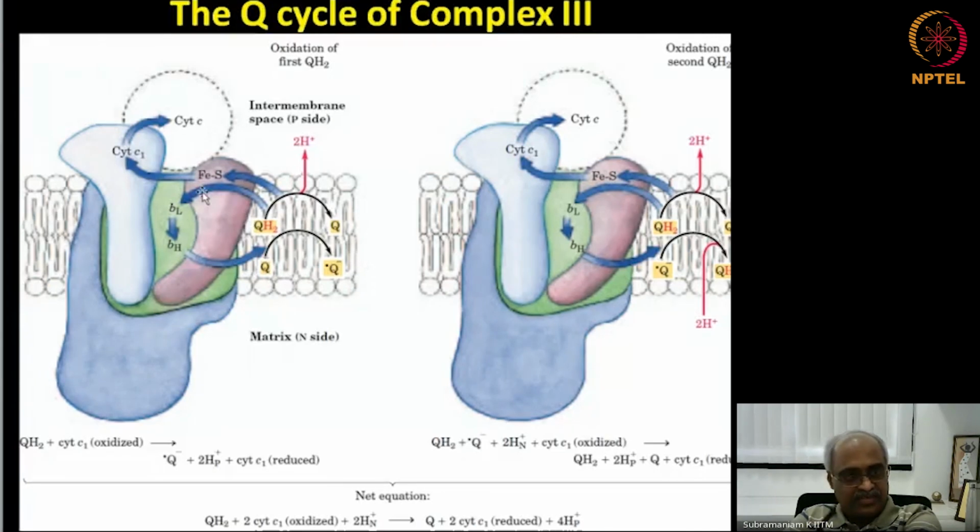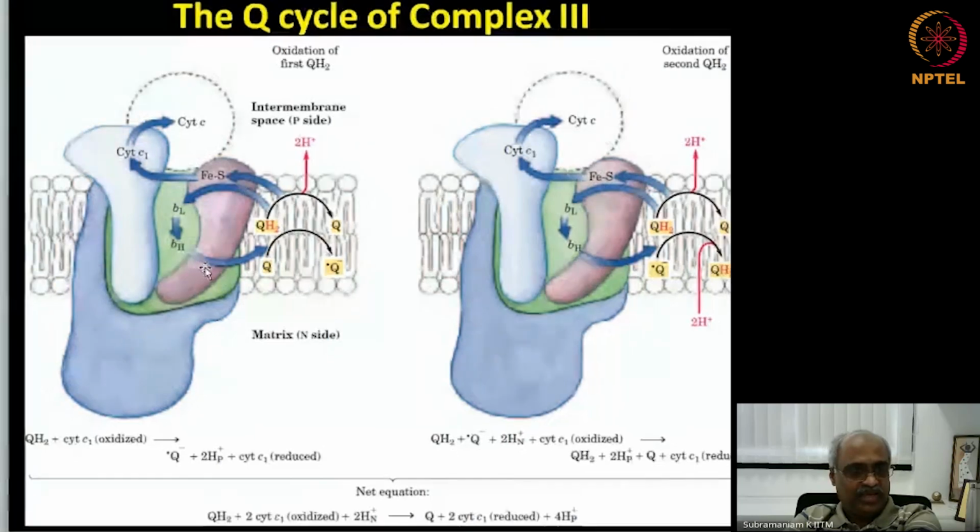The other electron from this Q is transferred to these two heme moieties within cytochrome B, back to an oxidized ubiquinone. So in this process, QH2 having donated the 2 electrons has become Q. It's fully oxidized. And this 1 electron that came back reduces a ubiquinone to a semiquinone radical. So this is the first step of the cycle.